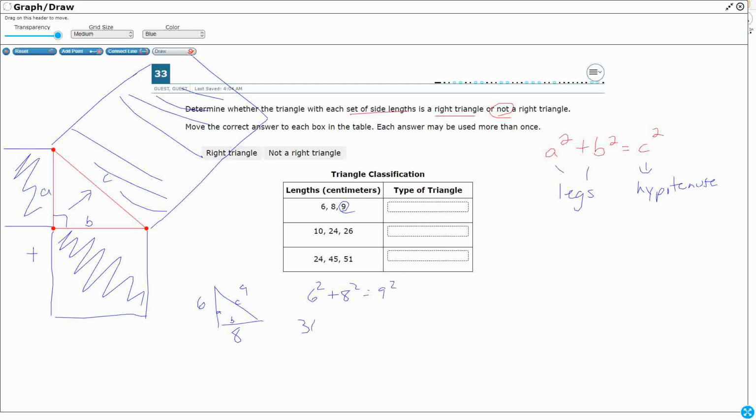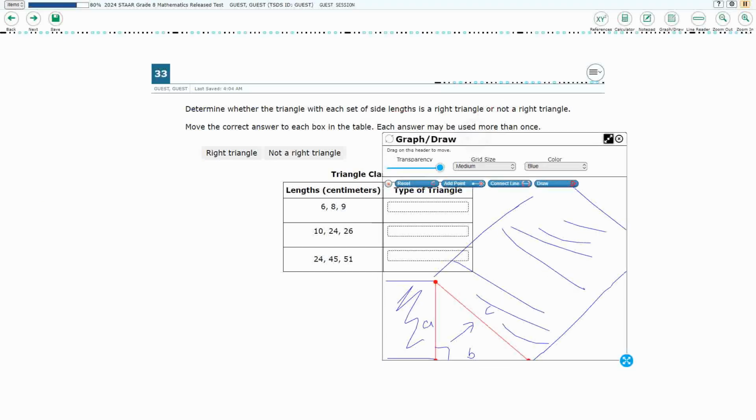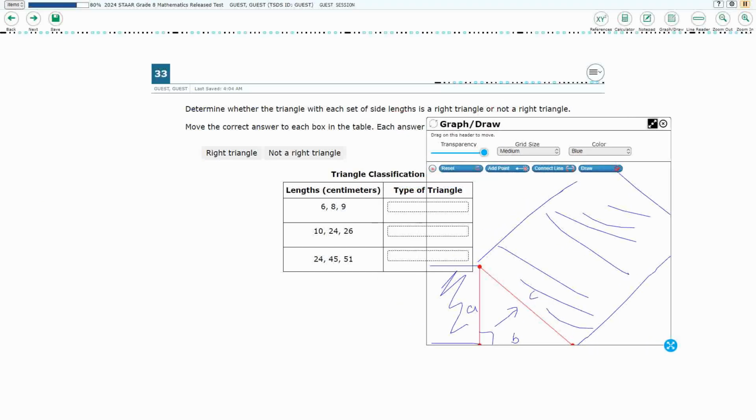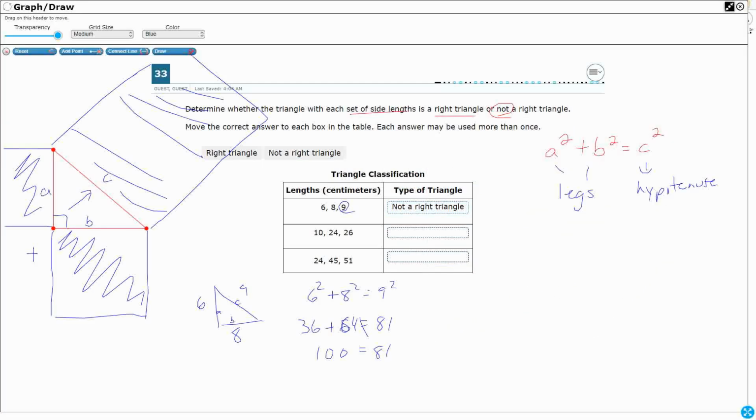Right, so that's 36 plus 64 is going to equal my 81. And that is not going to work, because 36 and 64 makes 100. All right, so this is not a right triangle, because that hypotenuse is not long enough. So that's really what we need to do, is just use the Pythagorean theorem.